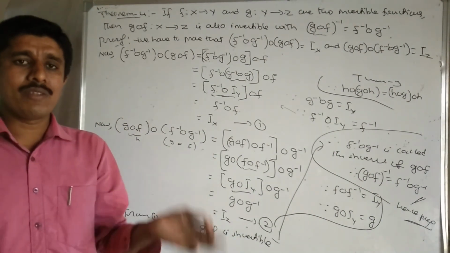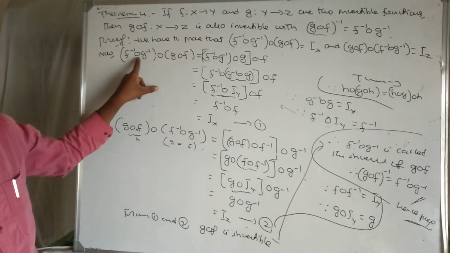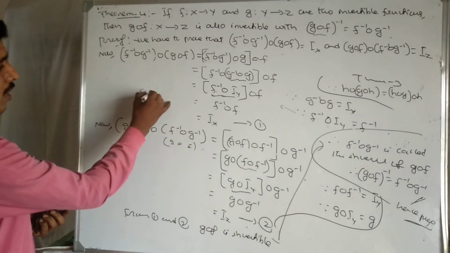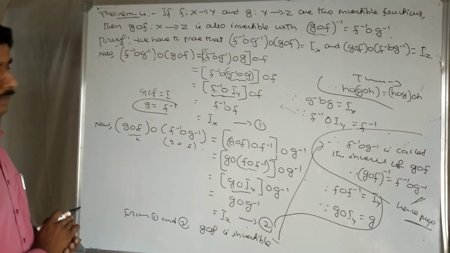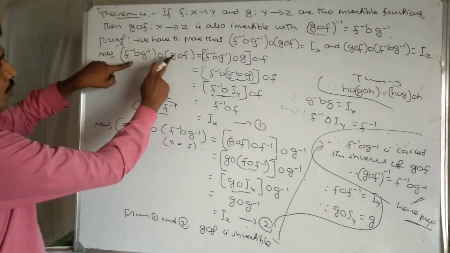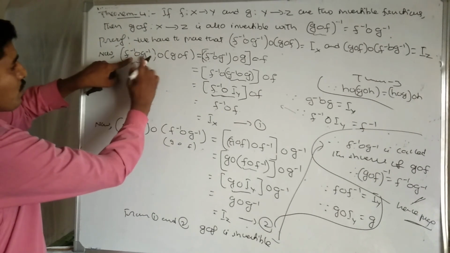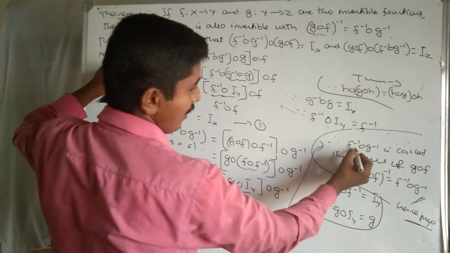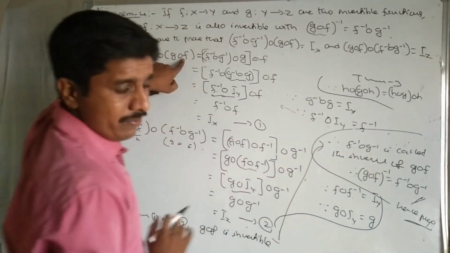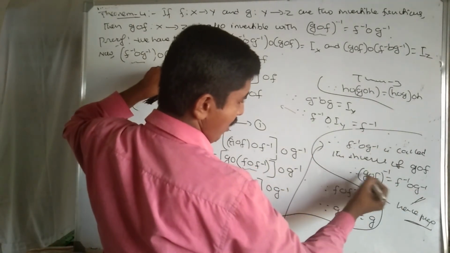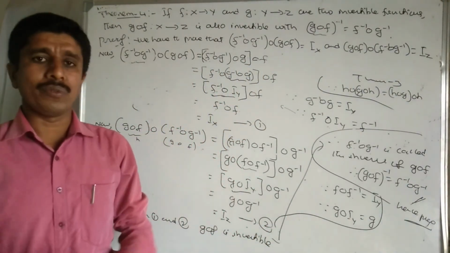G o F is invertible means its inverse exists. Therefore, F inverse o G inverse is called the inverse of G o F. Since the composition equals the identity function, G is called the inverse of F, and this function F inverse o G inverse is called the inverse of G o F. Hence it is proved.